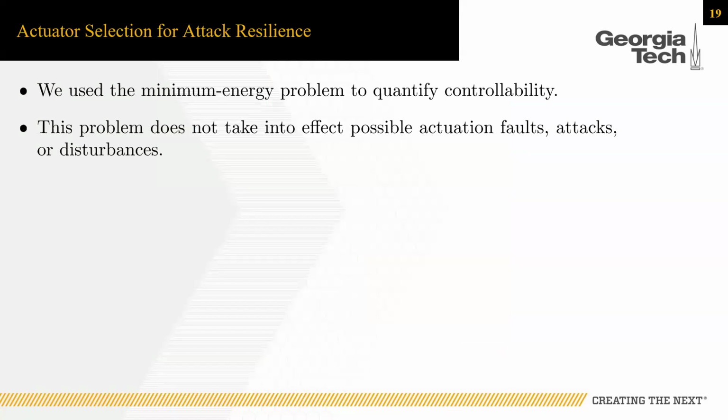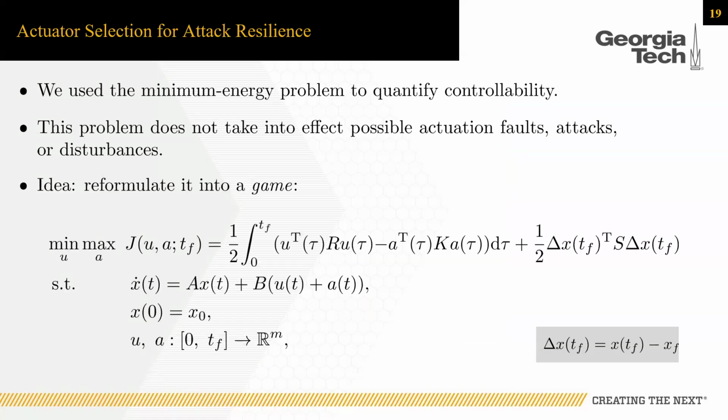So what we did up to now, in my group we also do adversarial attacks. Okay, so let's say that you have a bad player in your system that wants to ruin your controllability. Okay, so let's see what happens. Instead of having the U transpose RU that you had before, you have an extra player in the system, which is this A, which is a bad player trying to ruin your controllability, okay?